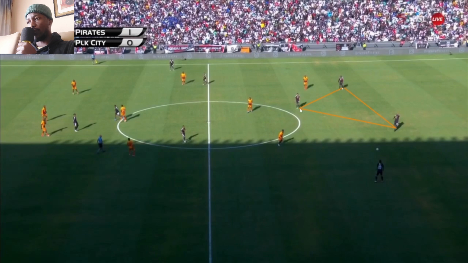Now we can see Mbule is moving into these wider regions. The reason why he's moving to this wider region is because there's a space here, because Hoto is pushing the left wing back way up, and you see Mfukeng taking central areas to overload the midfield.